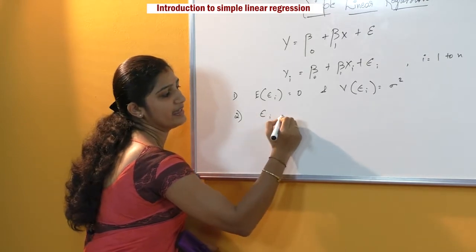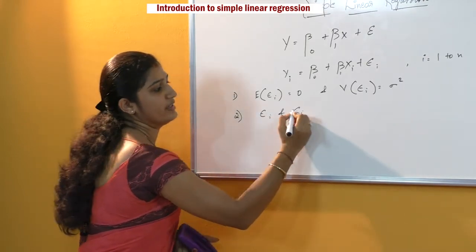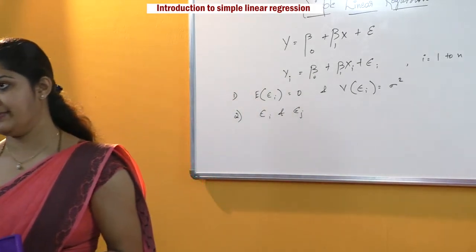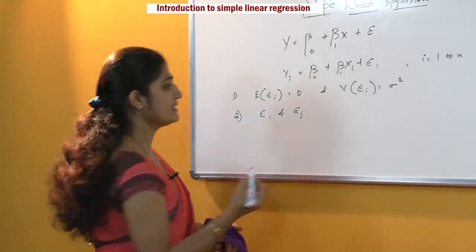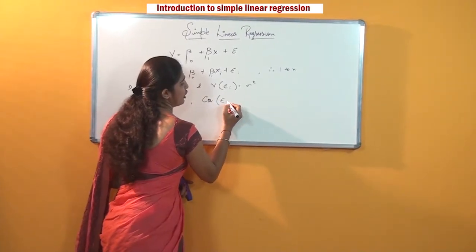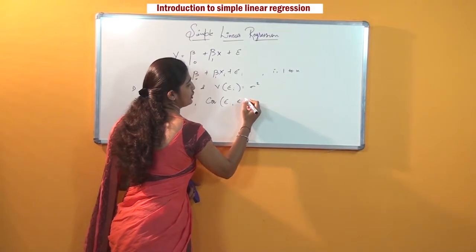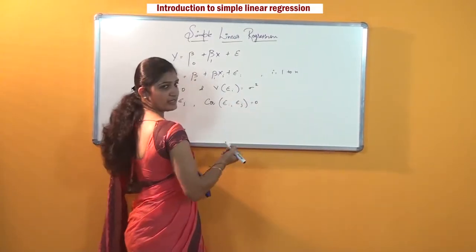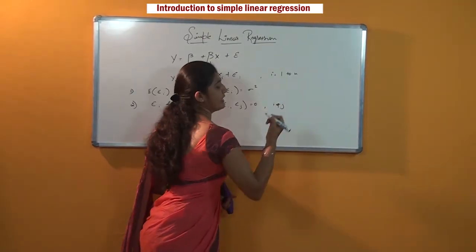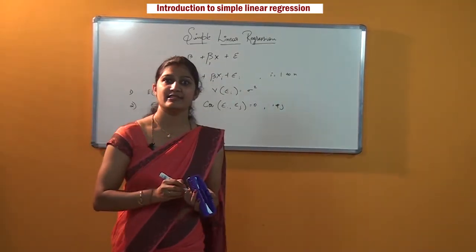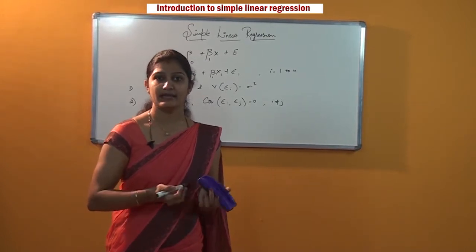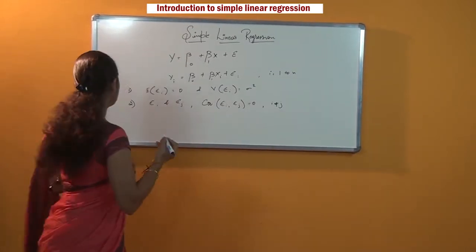Second assumption: epsilon i and epsilon j are uncorrelated, that is, covariance of epsilon i, epsilon j is equal to 0, i not equal to j. That means the values of errors are independent.